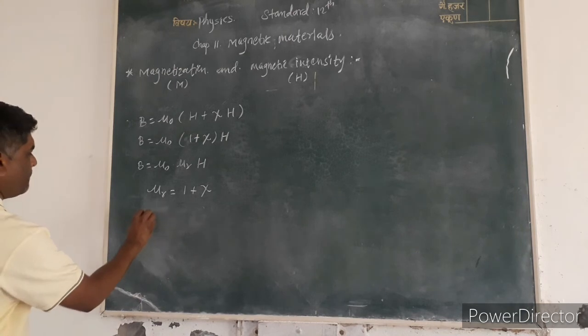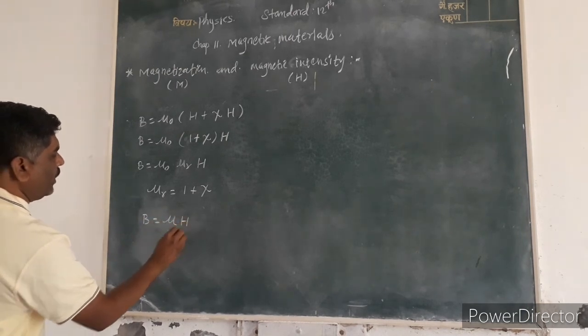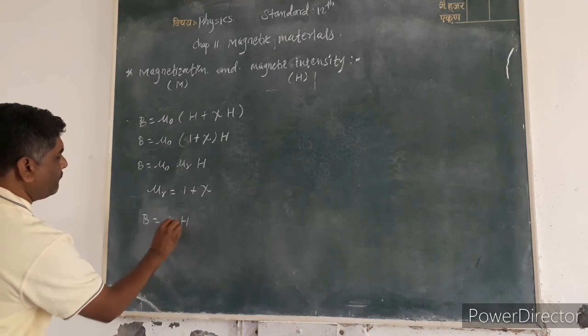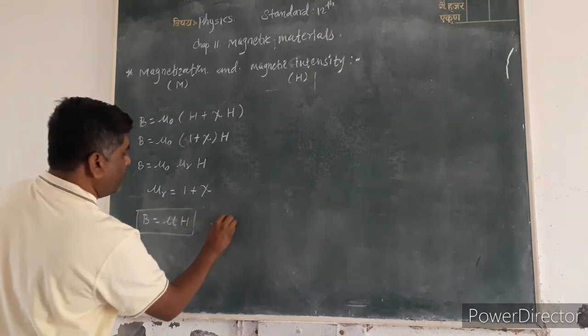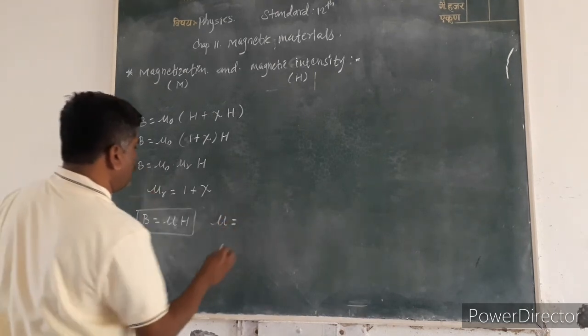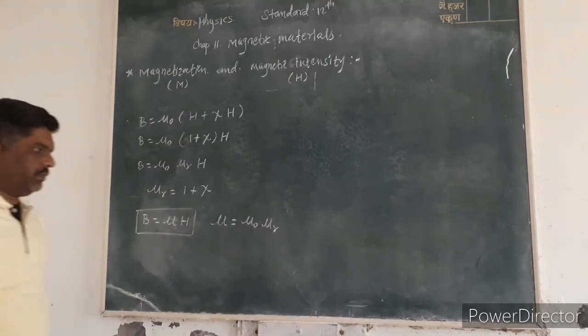Also B is equal to mu H, where mu is equal to mu 0 into mu r.